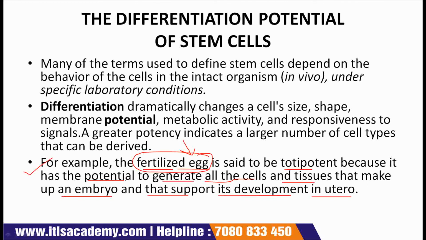All of these cells are generated from a single totipotent cell, and this totipotent cell is the zygote, or fertilized egg, which forms the entire body.